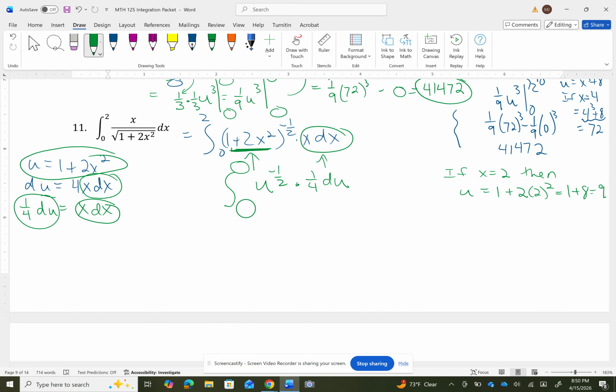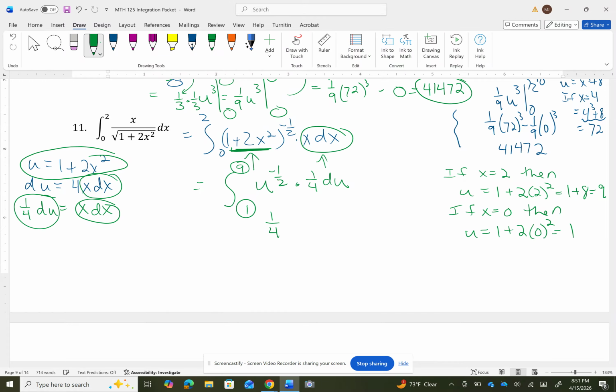That means where the 2 was, I could put a 9. All right, then if the bottom limit is 0, that really means x is 0. Then let's see what the u would be. U is 1 plus 2x squared. So 1 plus 2 times 0 squared, which is 1. So I could put a 1 there. So it's not hard to do, and it can be kind of fun.